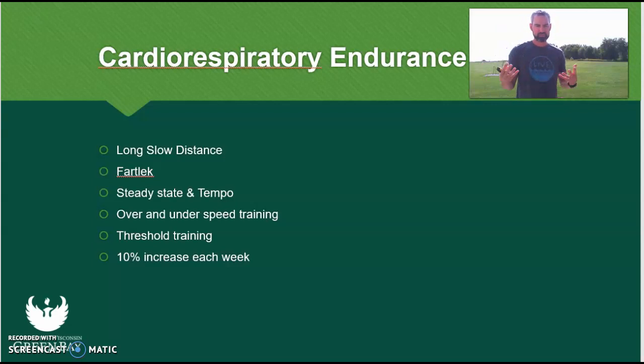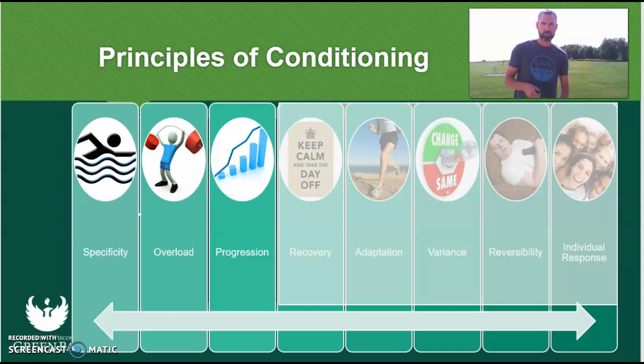So maybe if 80 to 85% of your target heart rate zone is where your lactic acid builds up, we're going to be pushing that threshold. And we really don't want to exceed a 10% increase each week, because then that can overstress our systems and potentially cause injury or increase recovery time.